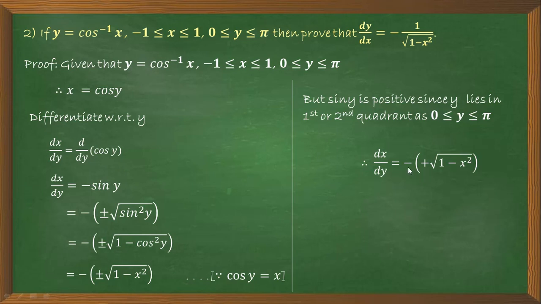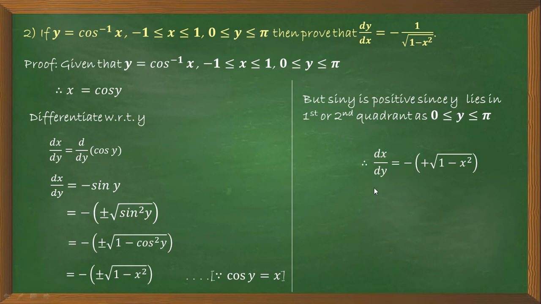Remember, this minus sign is as it is. We have to think about this part only, because we have written minus sin y, but we are thinking about sin y only, not minus sin y. So minus as it is, and in place of plus or minus we write plus only.